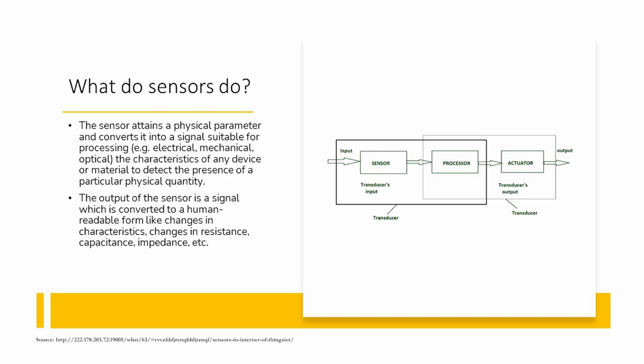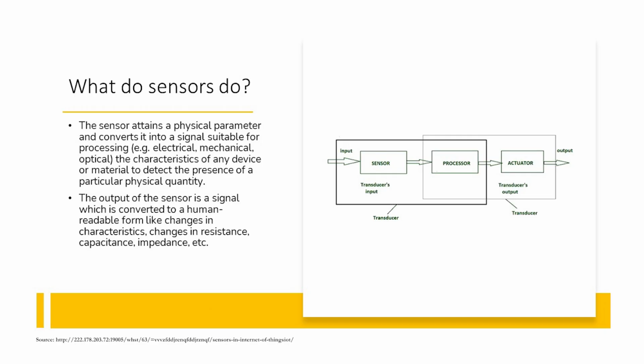So, it receives a physical parameter as input and converts it into a suitable signal, which can be processed, such that the characteristics of any device or material can be understood. So that a particular physical quantity can be extracted. The output of the sensor is a signal which is converted to a human readable form, like changes in characteristics, changes in resistance, capacitance, impedance, etc.